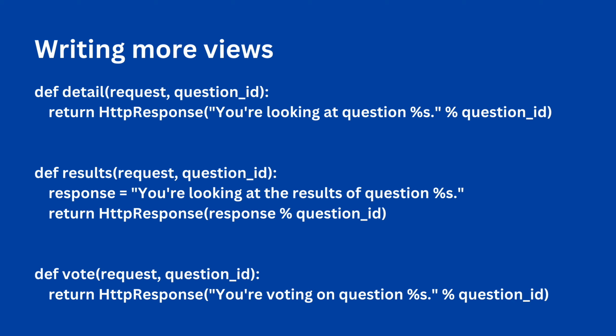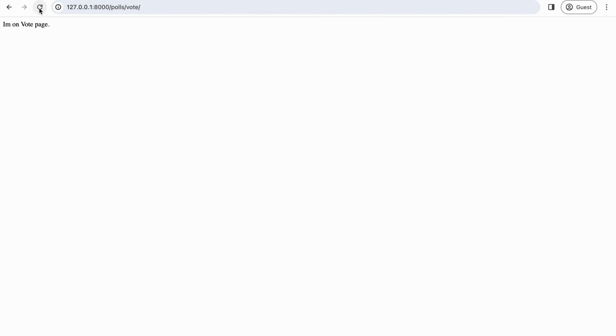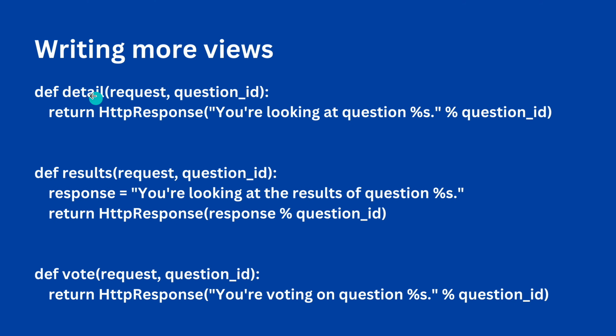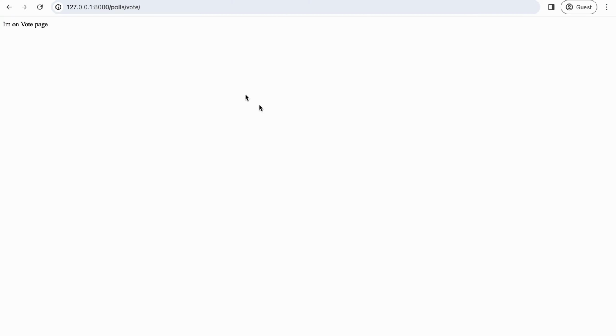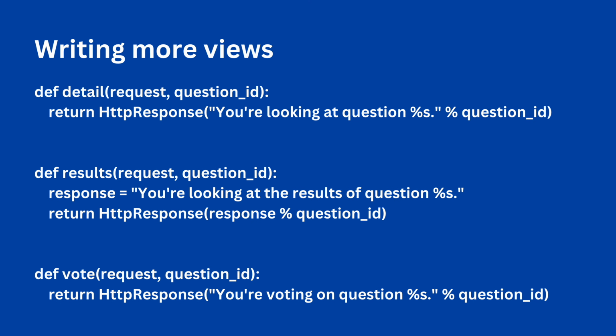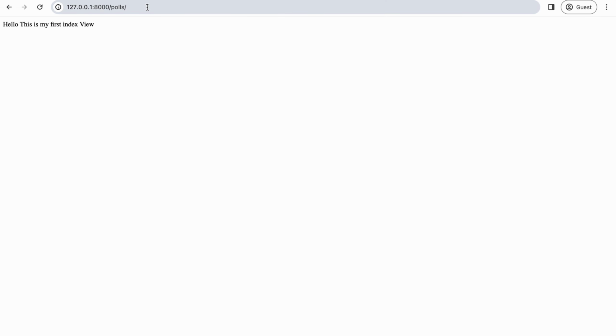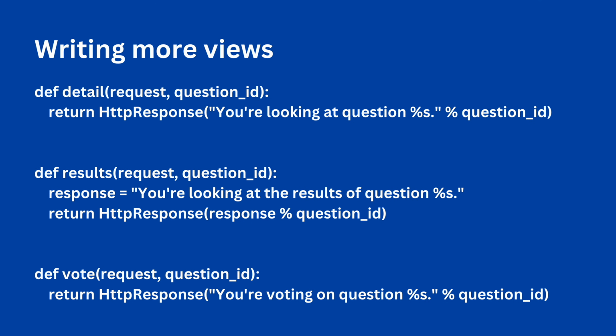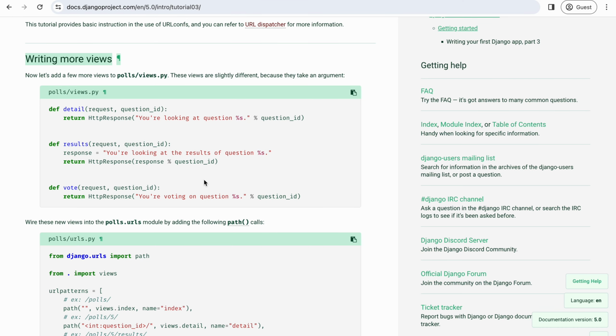Suppose I want to see the detail page and some question ID is coming. I am on polls here, right? And I want to see the details. Before that, I think it should start from details only, right?